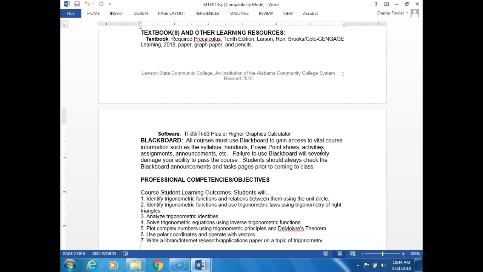Your syllabus will be there. The research paper instructions, we're going to get to that later. My locator card, which shows when I'm on campus, when I'm off campus, which campus I'm on, when I'm in class, when I'm in the office, all that information will be on the locator card. I also put all my PowerPoints, and Ron Larson has great PowerPoints.